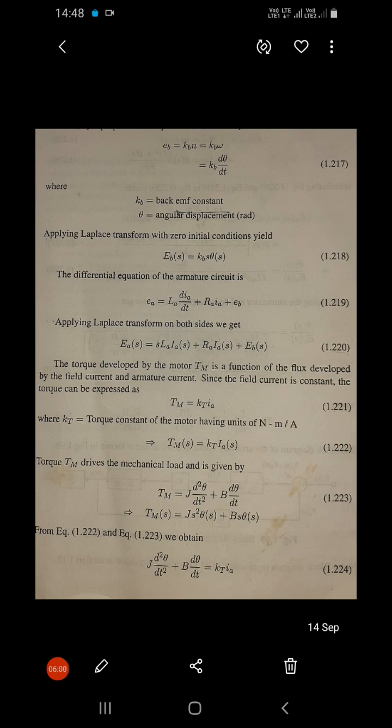After applying the Laplace transform, the equation is E_A(s) equal to s L_A I_a(s) plus R_A I_a(s) plus E_B(s).